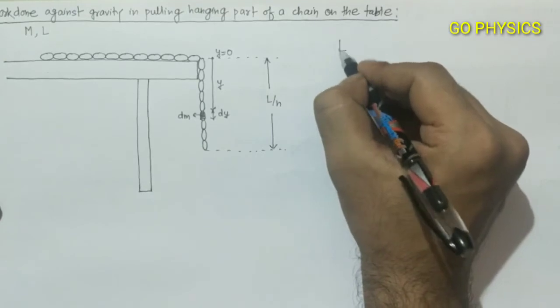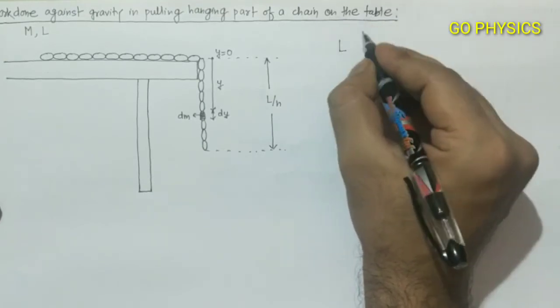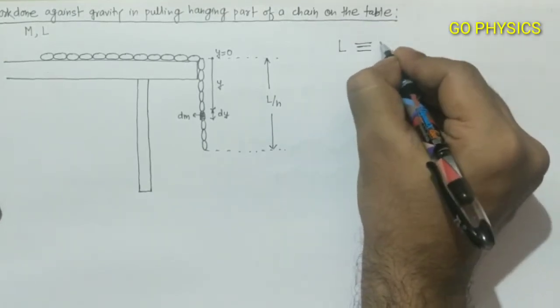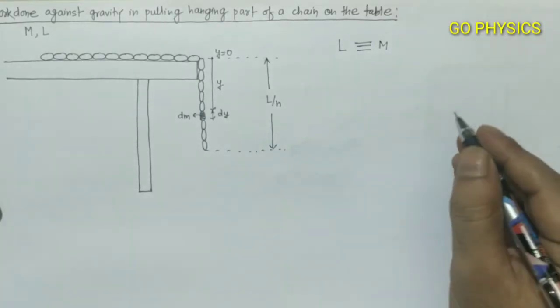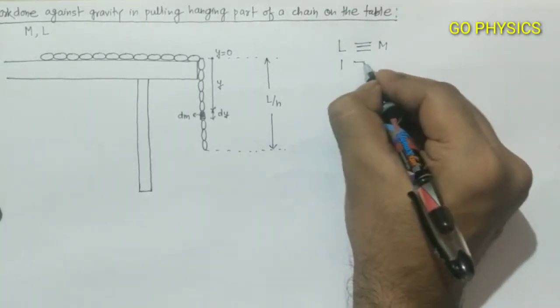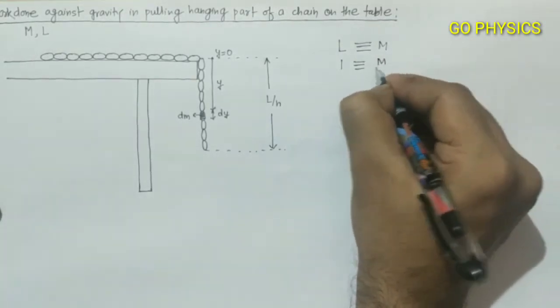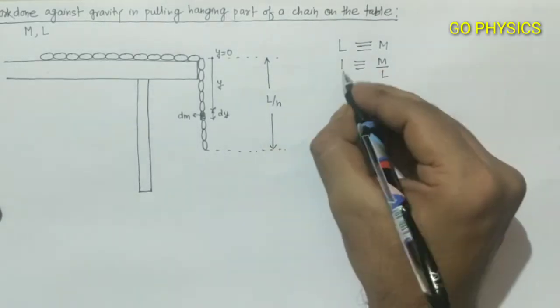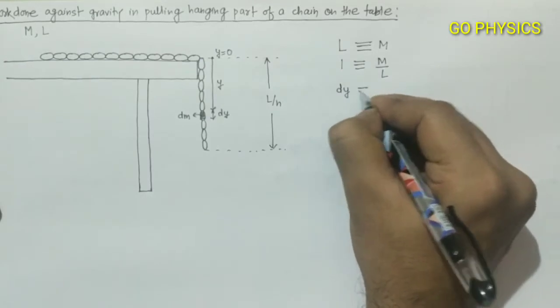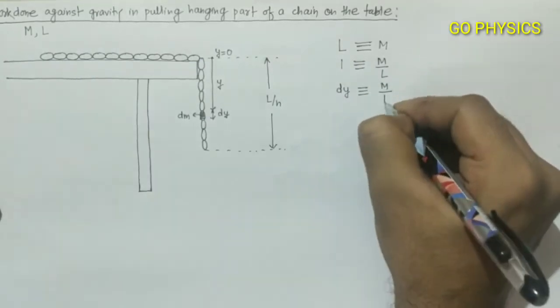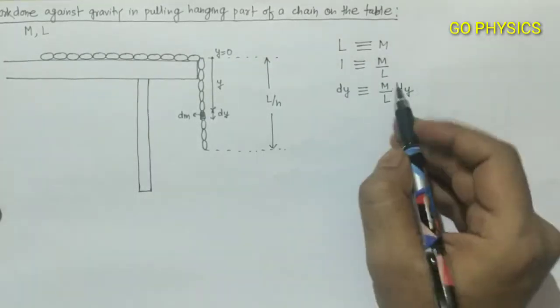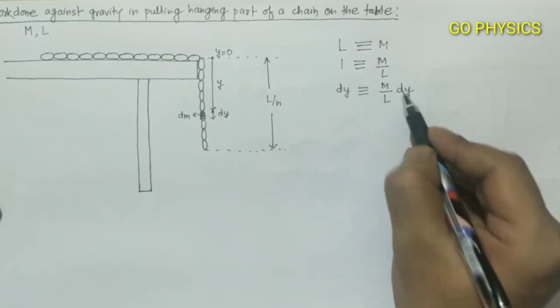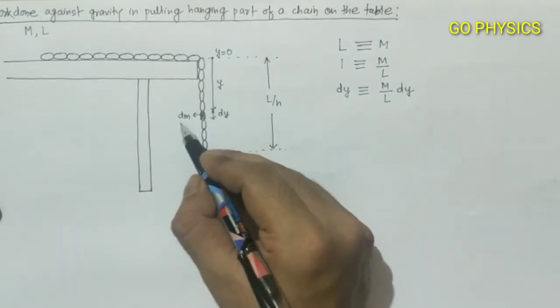The mass of the total length of the chain is capital M, so per unit length, the mass will be M by L. So the mass contained in length dy will be equal to M by L into dy.